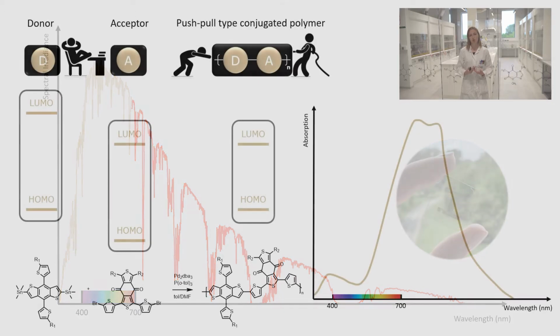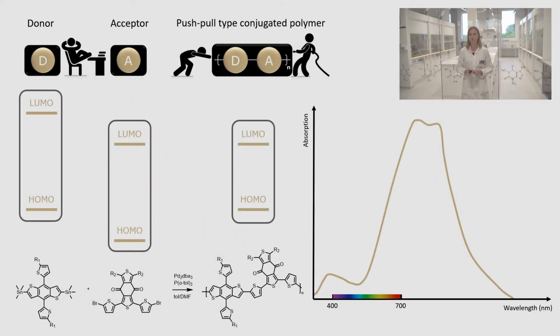Now, to shift the absorption of the solar cell to the near-infrared, the push-pull material approach can be used. The state-of-the-art electron donor material used in a bulk heterojunction organic solar cell is a donor-acceptor type conjugated polymer. A more electron-rich and a more electron-deficient heteroaromatic moiety are combined in an alternating fashion over the polymer backbone.